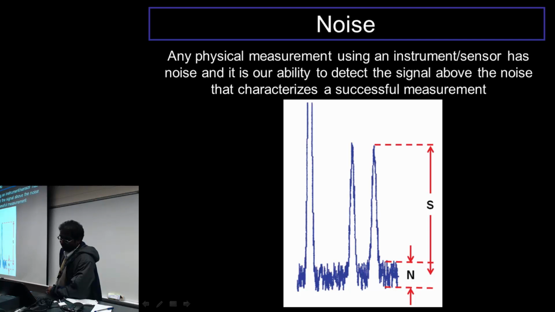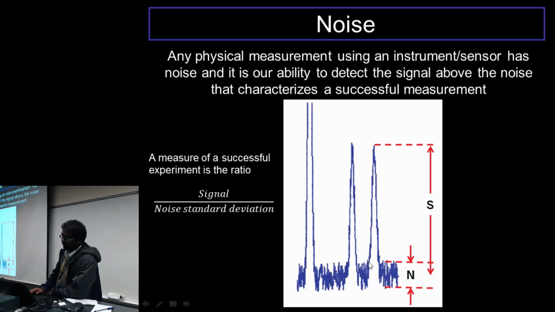If this noise is on the order of the height of the peaks, then you would obviously not be able to make out the presence of these peaks. But because the noise is at a lower level, you're able to distinguish this as signal versus this as noise. So one way to quantify the efficiency of your experiment is signal to noise ratio, where noise is quantified in terms of its standard deviation.